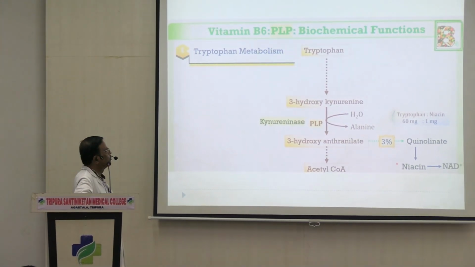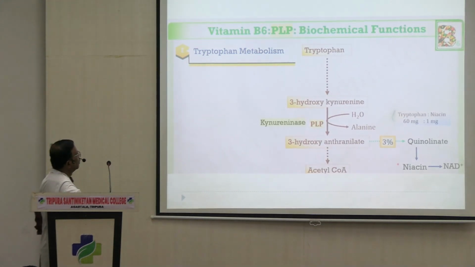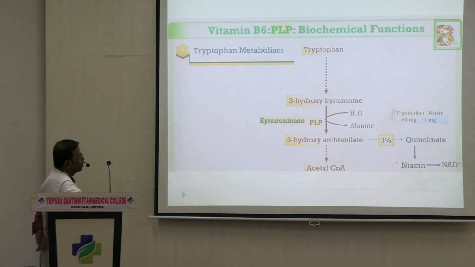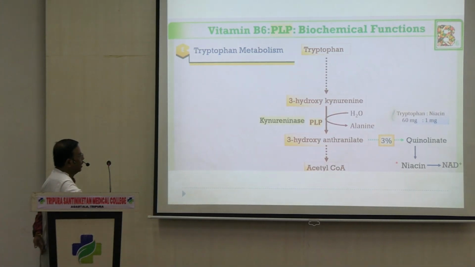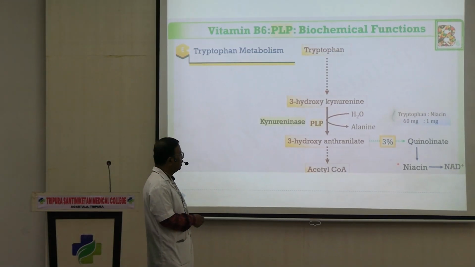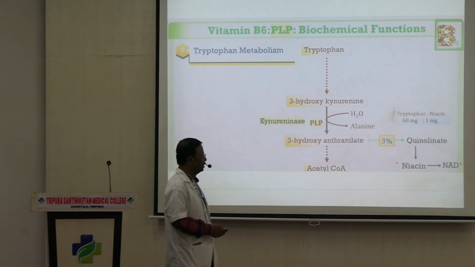Tryptophan metabolism, it is mainly a hydroxylation reaction. Here, tryptophan is hydroxylated to 3-hydroxykynurenine. From there, 3-hydroxyanthranilate is synthesized, and following some reactions, niacin is synthesized.